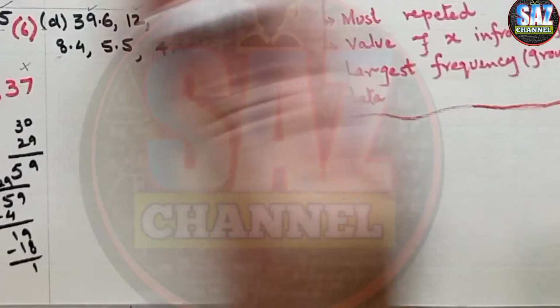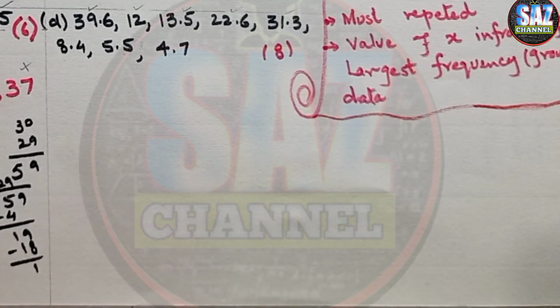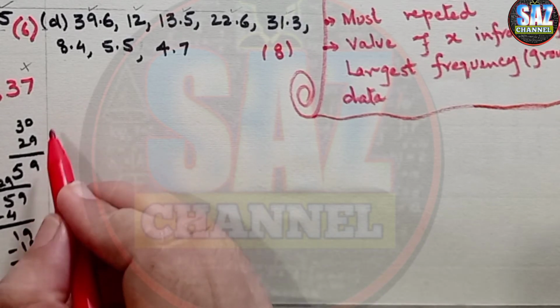I can see that 4.7 is the smallest value.